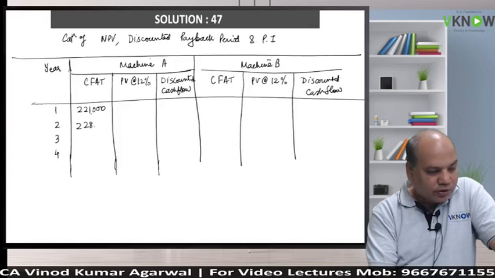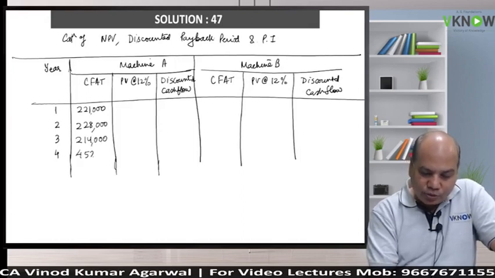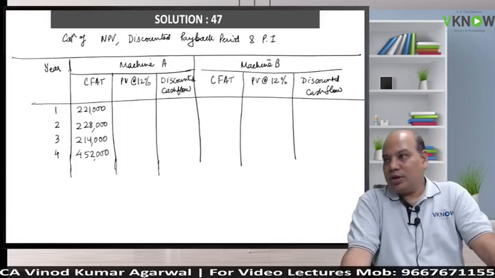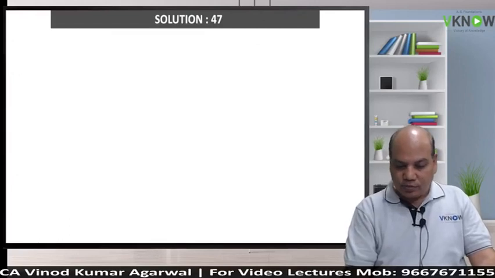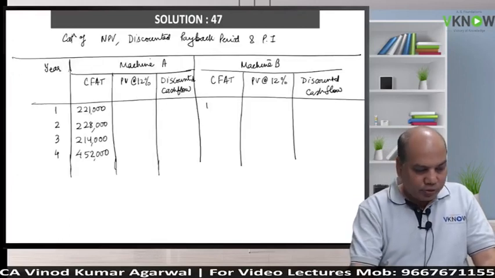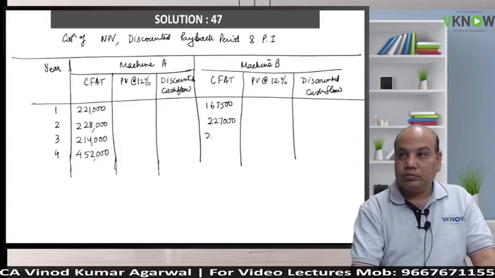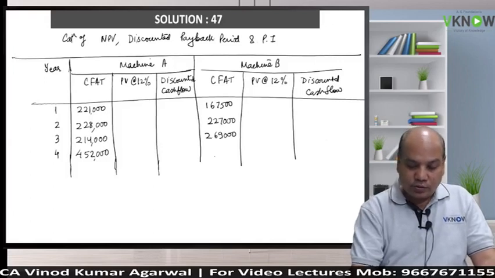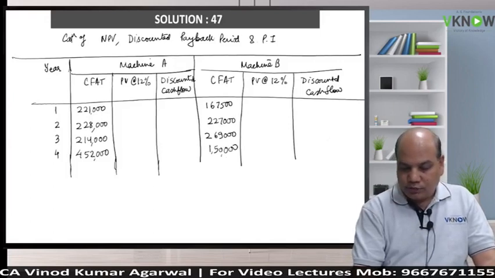Take it from the previous working notes. Now for machine B also: 1,67,500, 2,27,000, 2,69,000, 1,50,000. First copy from there.